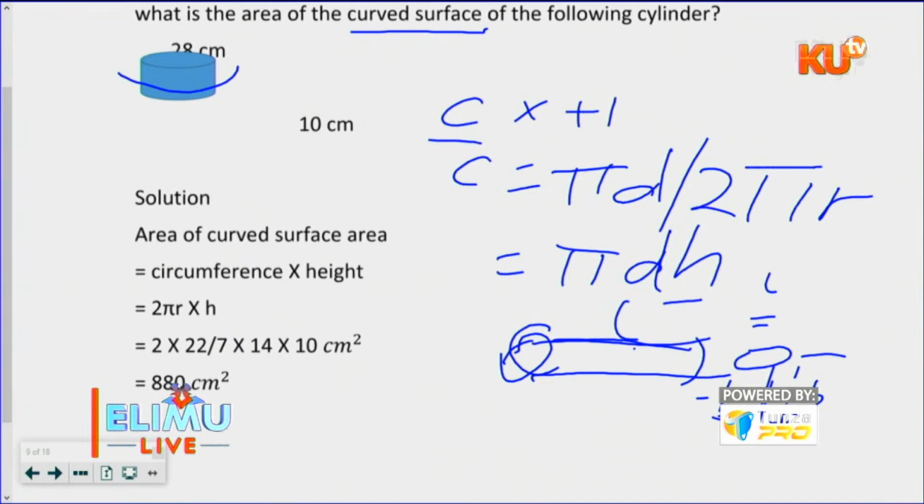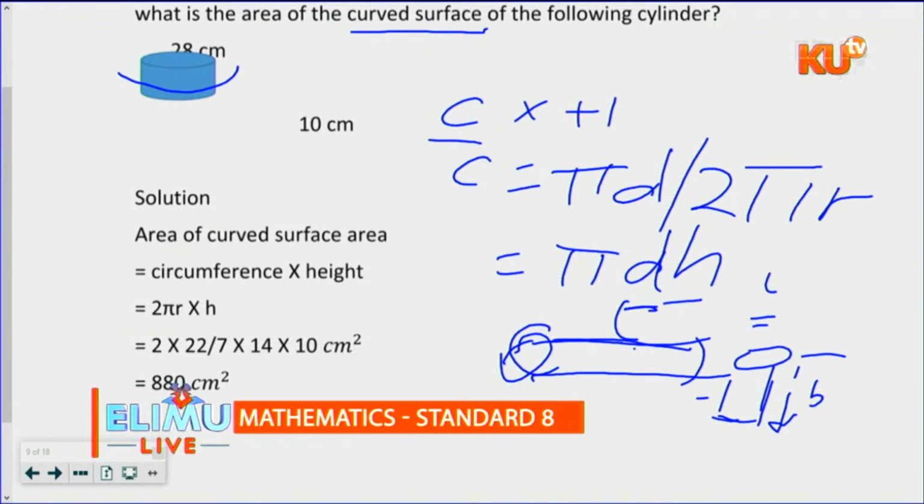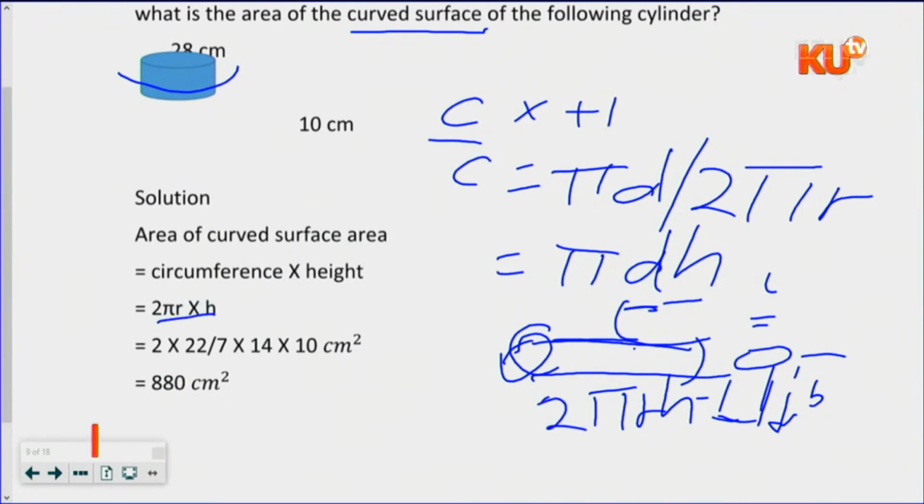Circumference can be pi d or 2 pi r. So this one will make a simple change in this formula and will say it equals 2 pi r h. As we have used here, 2 pi r h.